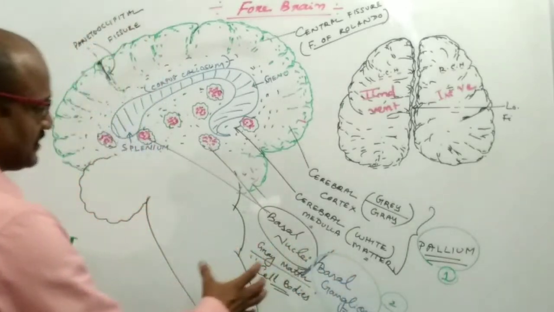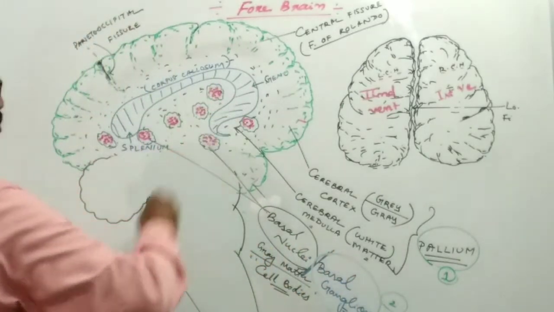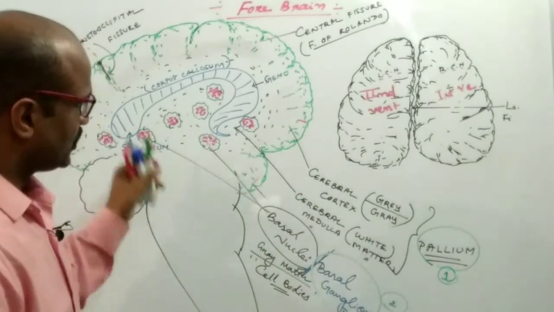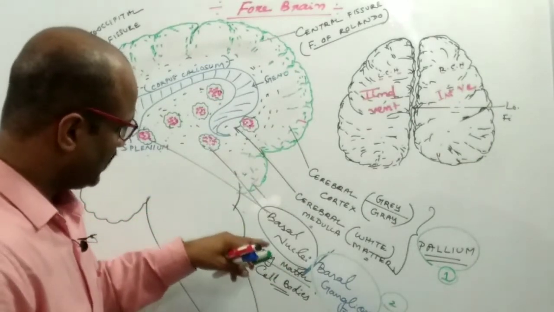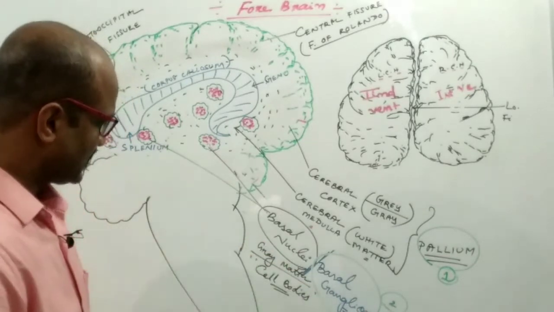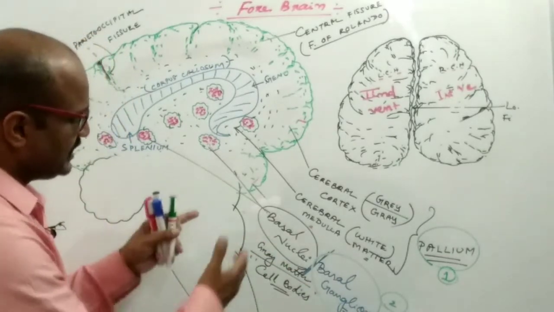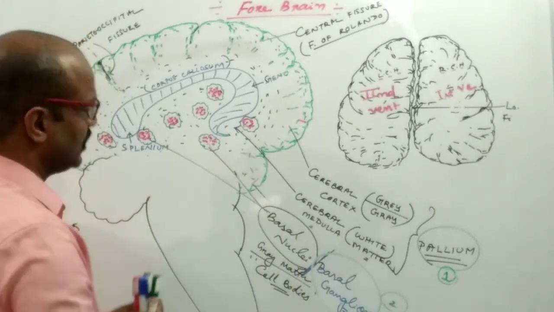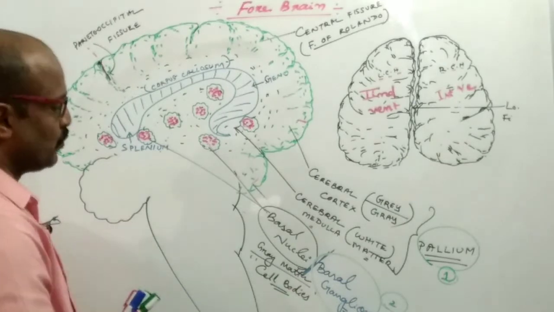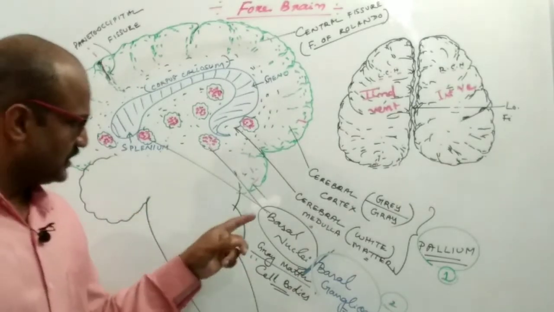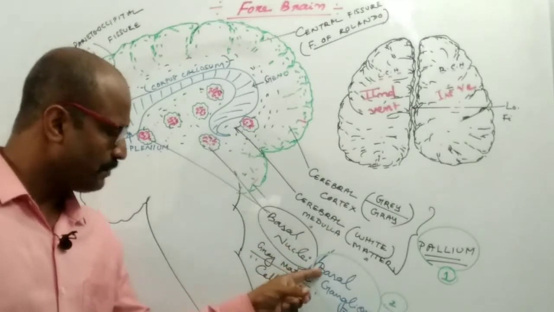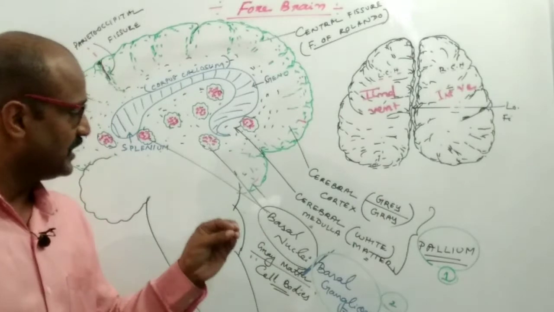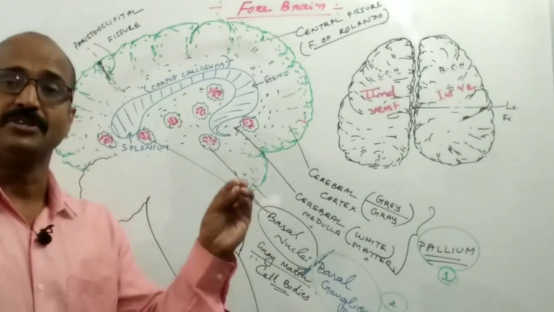And another thing is that the isolated patches of gray matter are also found at the base of the lateral ventricle. These are known as the basal ganglion or the basal nuclei, and they are nothing but clusters of gray matter or cell bodies of neurons. On the basis of function, the basal nuclei may be of two types, one the motor type, another the sensory.